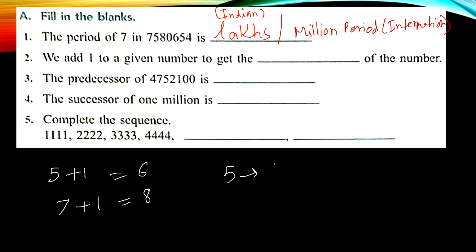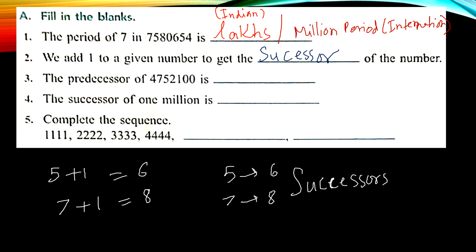You see 5 and then 6, 7 and then 8. This kind of addition, where you add 1 and get the immediate next number, is called the successor. So the answer here will be successor of the number.